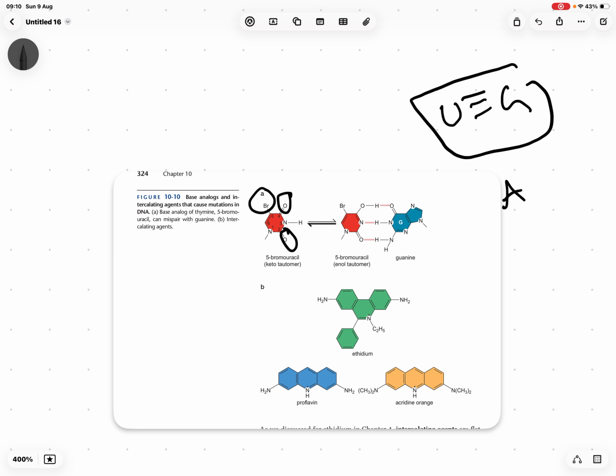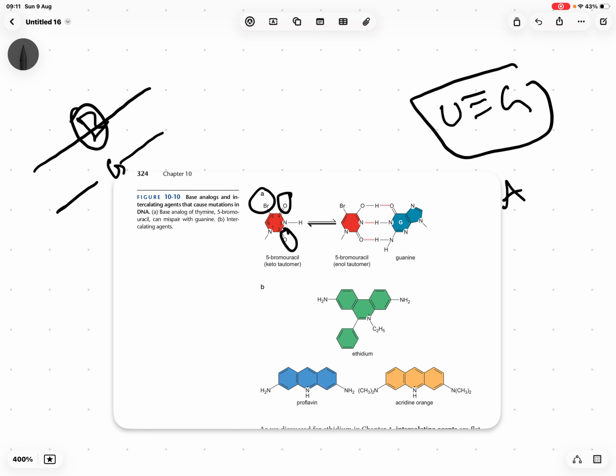When the fifth carbon atom is substituted by the bromine, this thymine analog, 5-bromouracil, pairs with the guanine. So when this kind of base is present on the template DNA, it incorporates guanine in the daughter DNA instead of adenine. That results in a sequence change in the daughter strand.